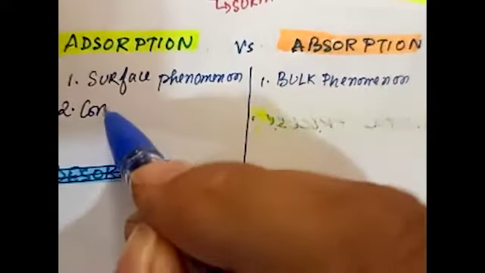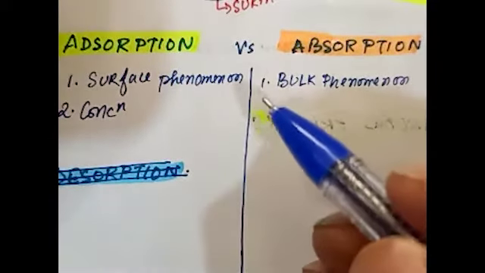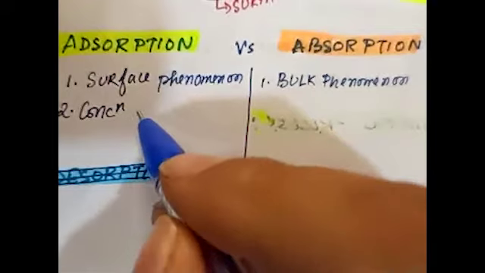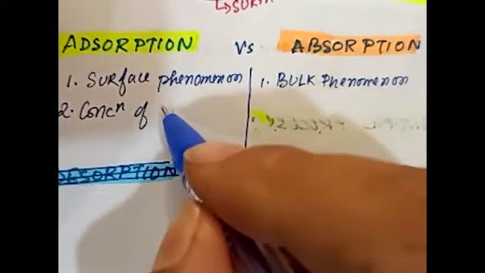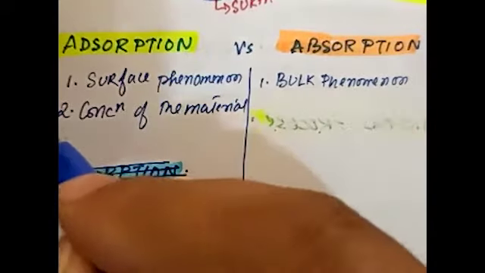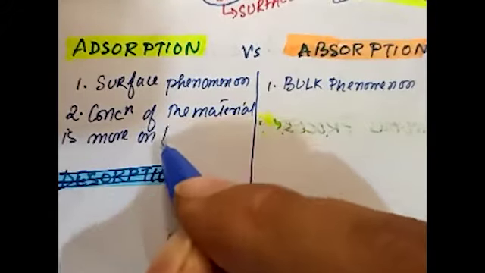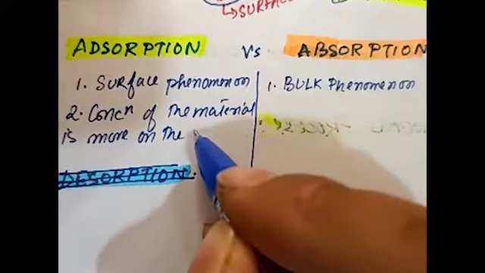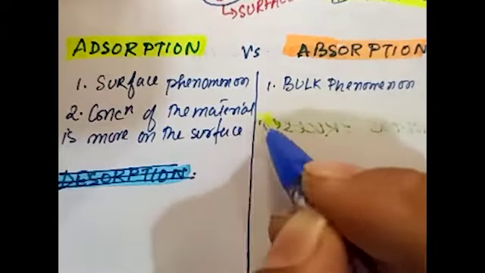Number 2. The concentration of the material which is adsorbed is more on the surface.